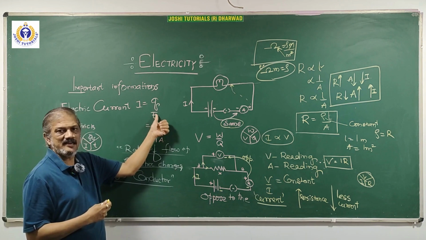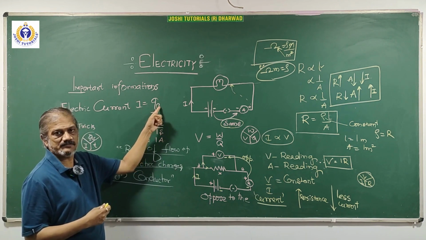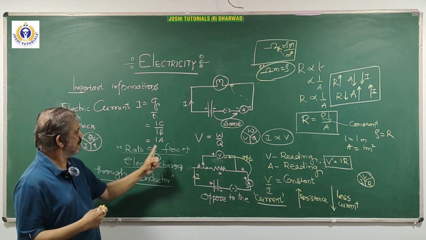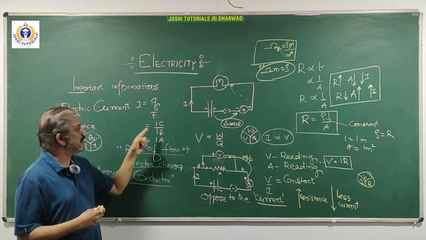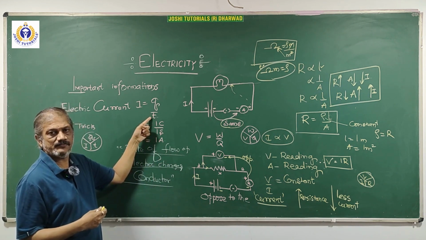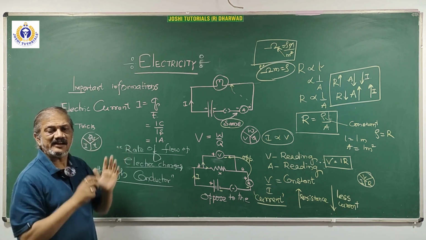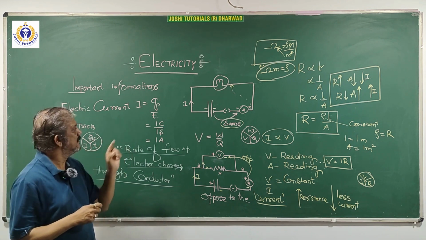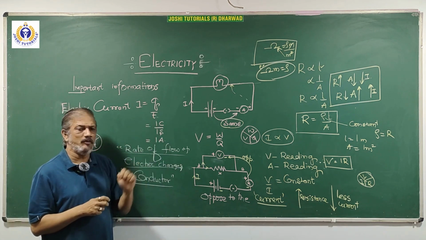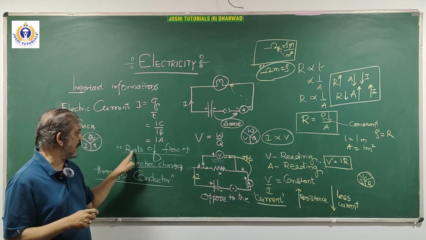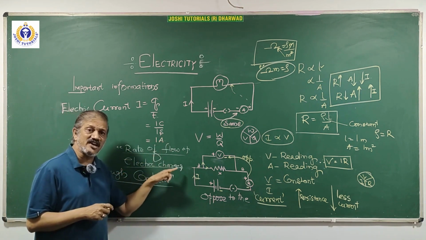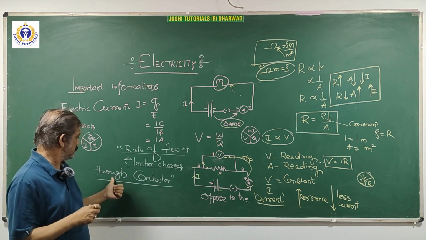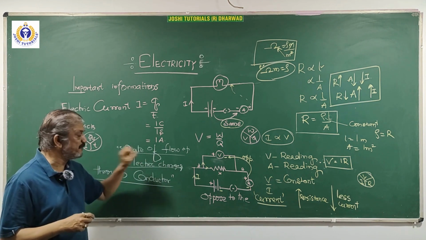Q by T is the amount of charge. Here I have written: flow of electric charge in unit time is called electric current. Or else, when time is in the denominator, we use the words rate of flow of electric charges through a conductor. This is the definition.